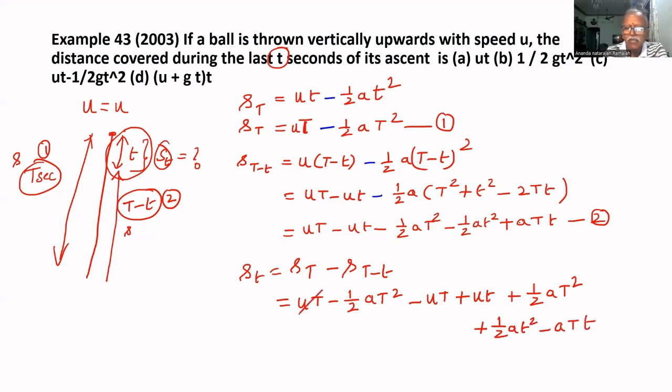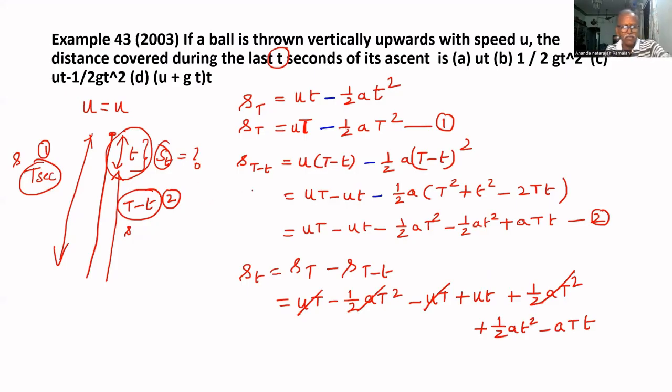That's all. Here ut and ut getting cancelled, these two are getting cancelled. Here, acceleration equal to how much we have to find.